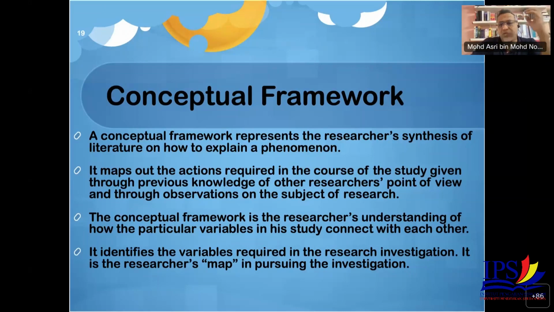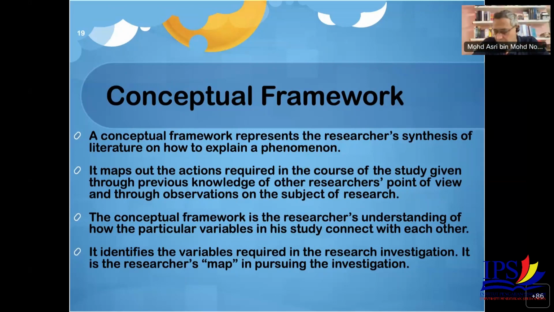So from your conceptual framework, people can understand the relationship between the different variables of your research. This is what we call the researcher's map. By doing that, we can see that this is influenced by this, this is governed by this.